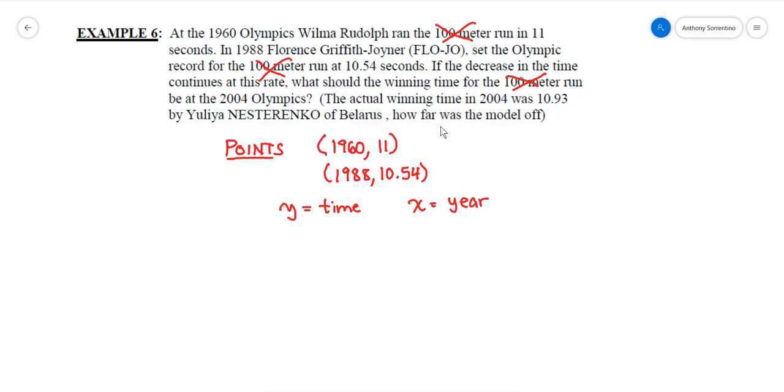So my slope is going to be 11 minus 10.54 over, since I took the 11 first, I'm going to take its x-coordinate first on the bottom, 1960 minus 1988. And it's okay for me to have a decimal as my slope, especially since I have decimals involved with this.